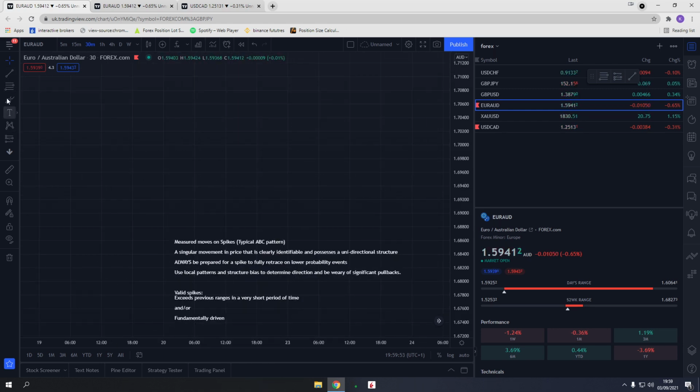So should price just randomly spike out without any sort of news or data release or technical reason, then just expect price to fully retrace as it often does.